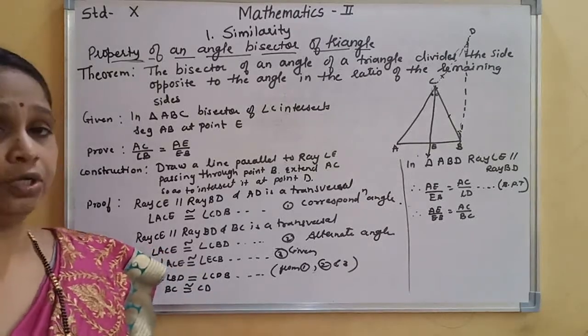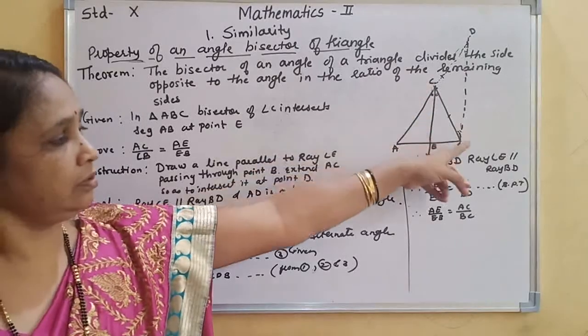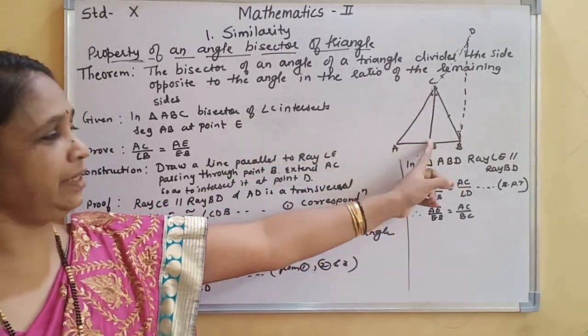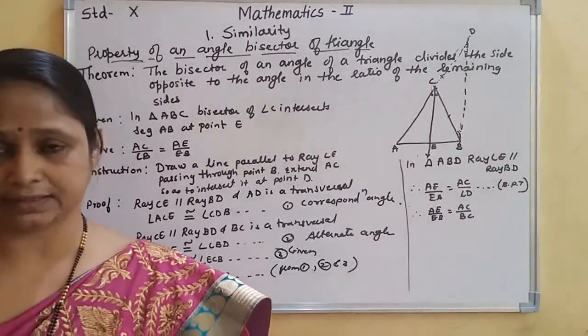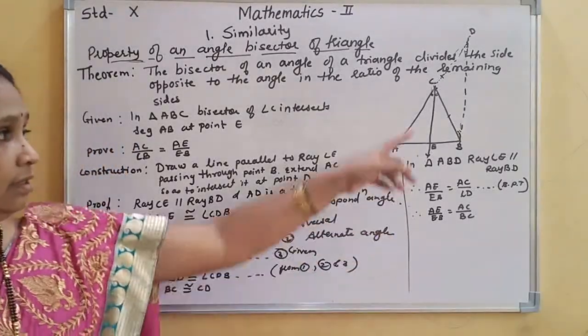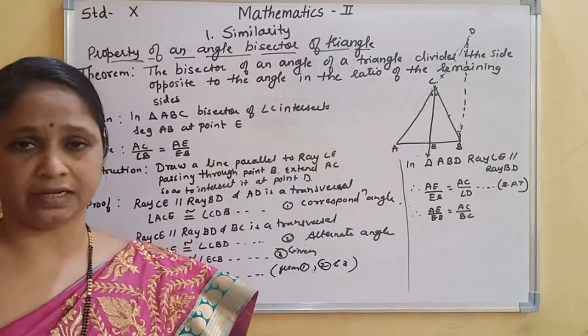Now, how do you use it in solving an example? See, AC upon CB is equal to AE upon EB. This is the angle bisector theorem. If it is this way in the figure, then which theorem do you have to use? The angle bisector theorem.